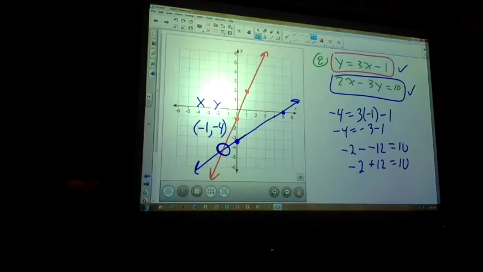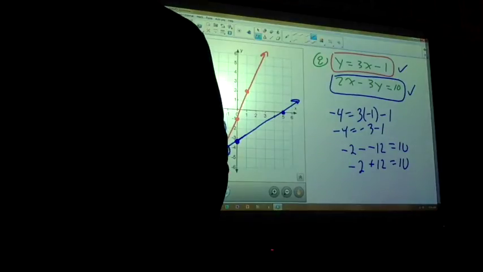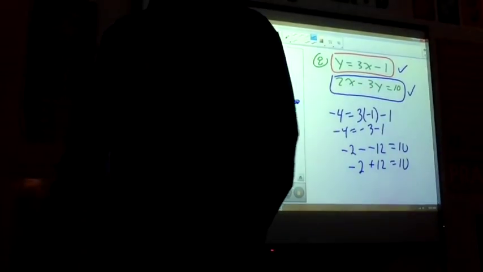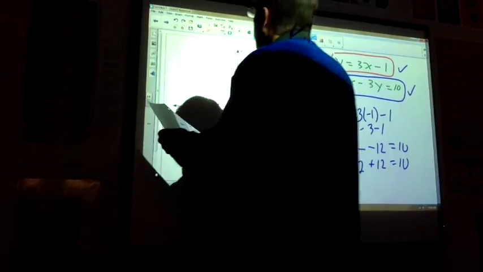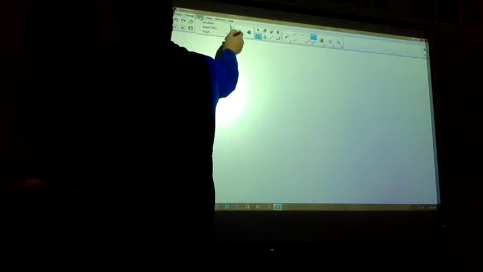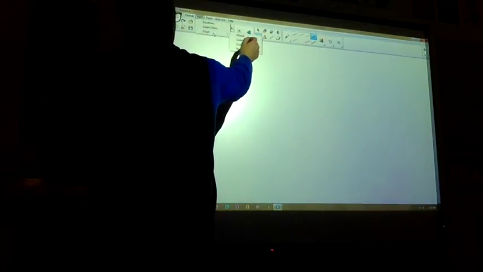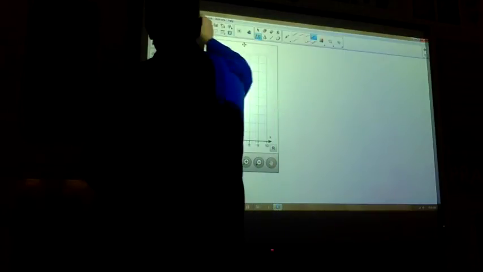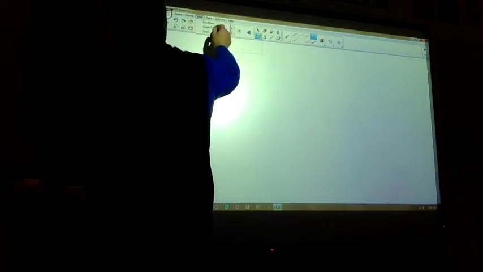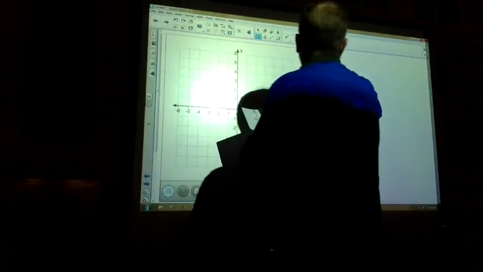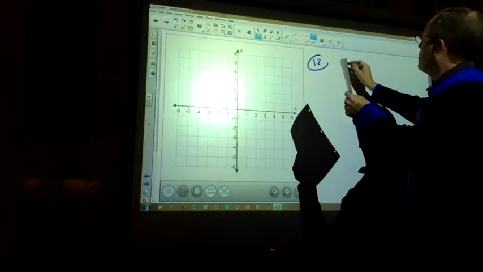Are there any others that you would like to see on the graphing? Yeah. 12? Okay. Man. One day I'll learn how to use this really well and I won't make these errors. For the most part.